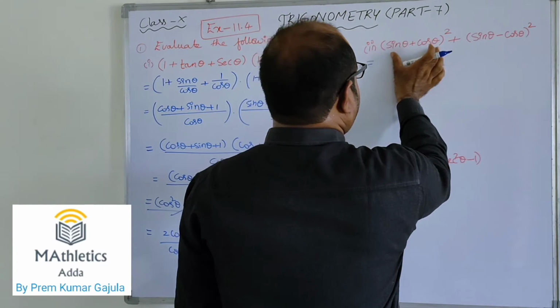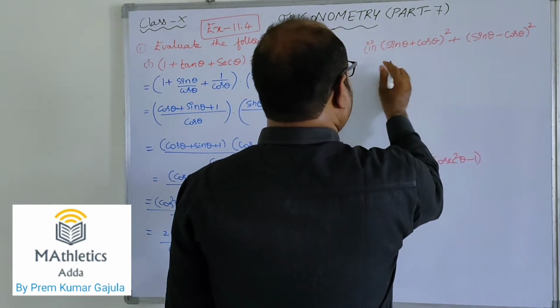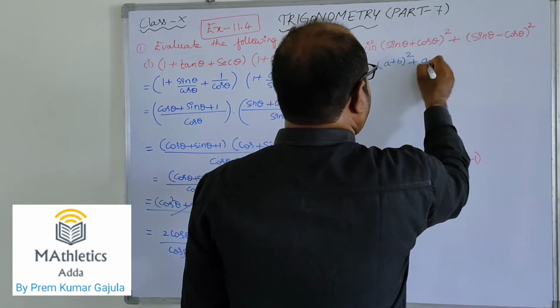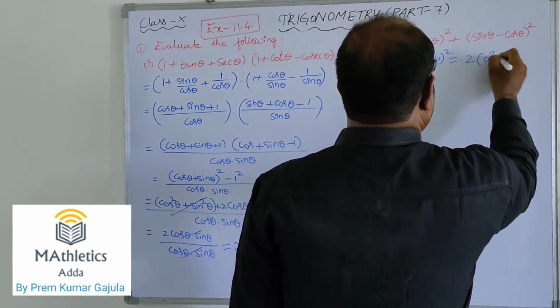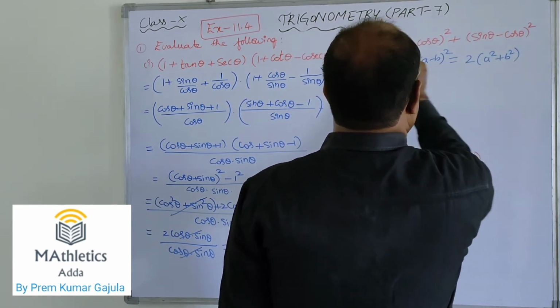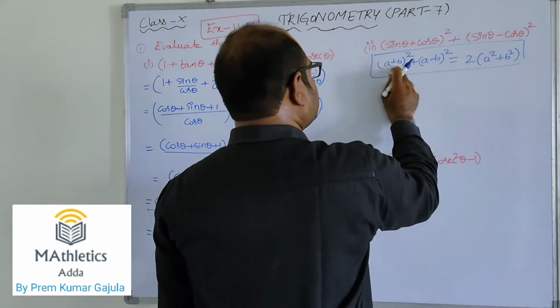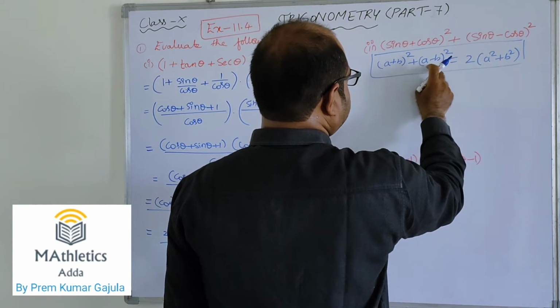It is in the form of (a + b) whole square and this is in the form of (a − b) whole square. We know that (a + b)² + (a − b)² is equal to 2 into (a² + b²). Why? Because in (a + b)² we will get a² + b² + 2ab, and here a² + b² − 2ab.